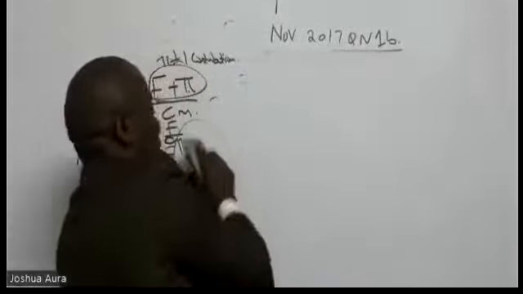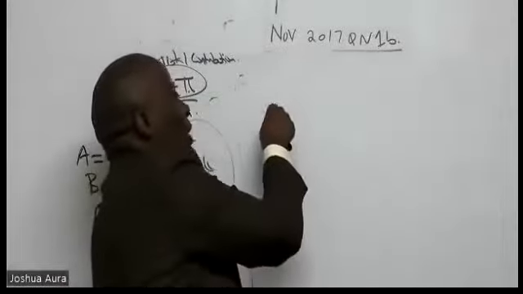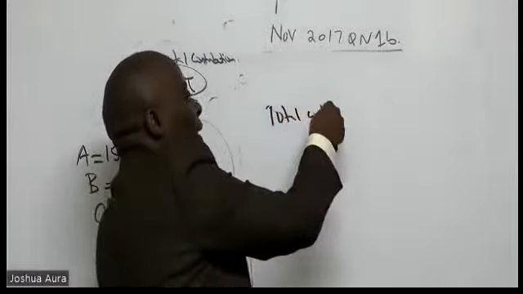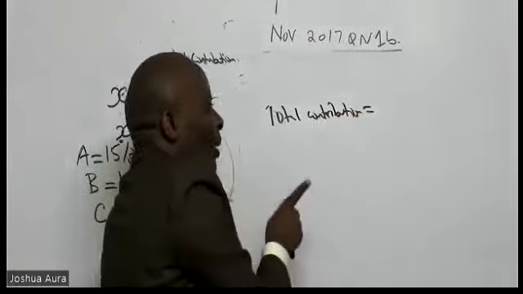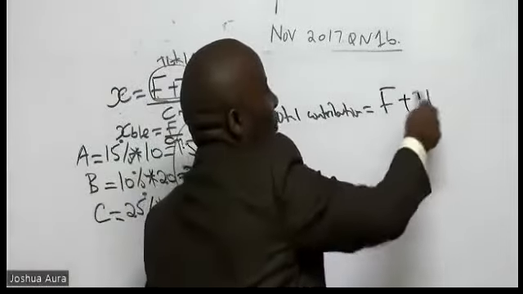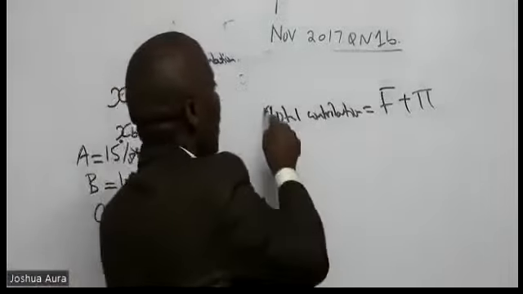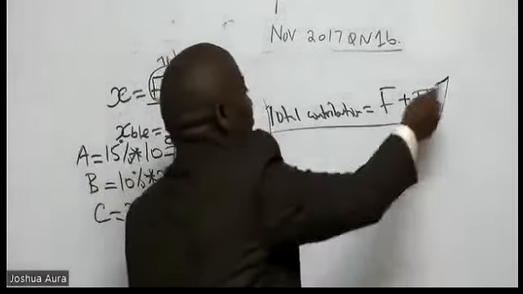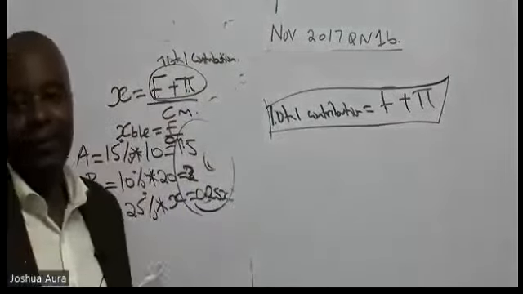This was a straightforward question that wanted me to get total contribution from each product, and then add them. And at the end of the day, I should have remembered the total contribution is the same as fixed cost plus profit, which is pi or targeted profit. This is so important. I would want you guys to write this again and highlight it.